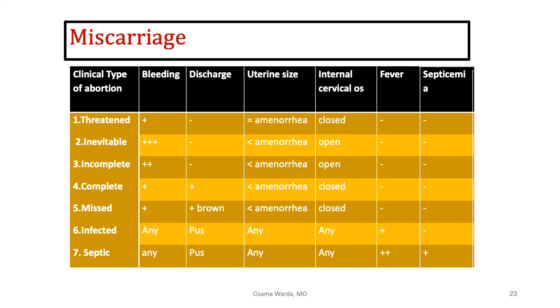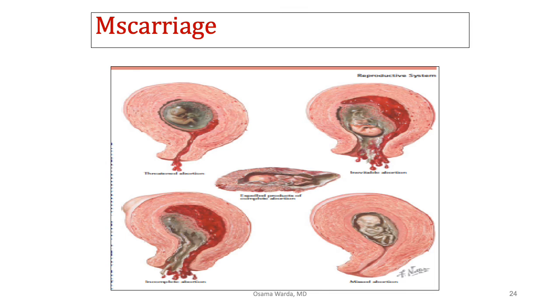It may also be open in incomplete abortion. So we can evaluate the clinical type of abortion, whether it is threatened, inevitable, incomplete, complete, or missed, by examination of the cervix, cervical dilation and condition. This picture shows the inevitable abortion, and this is a missed abortion, and this is incomplete abortion. This is a threatened abortion.